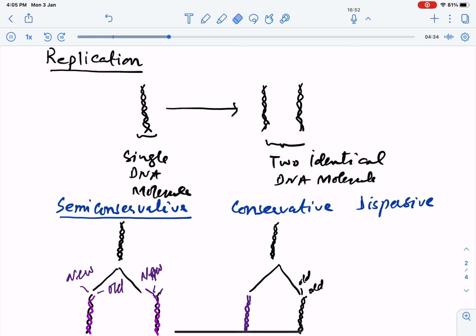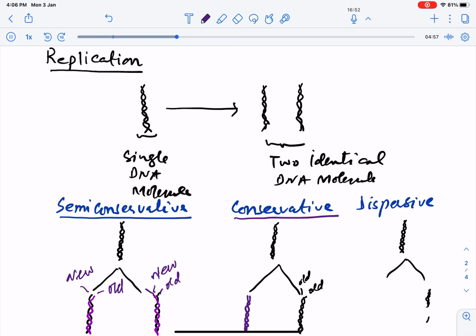So this was suggested as conservative replication of DNA. In dispersive replication, it was suggested that each newly synthesized DNA molecule has fragments of old and new DNA molecule present in it.